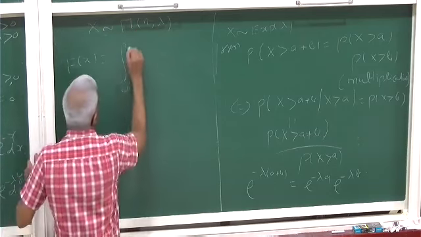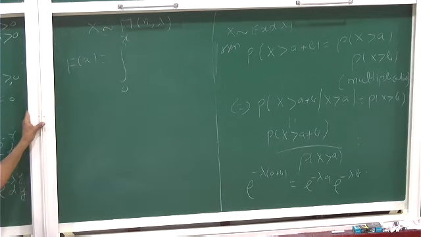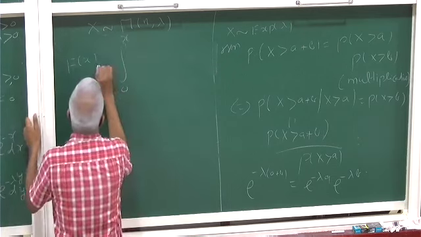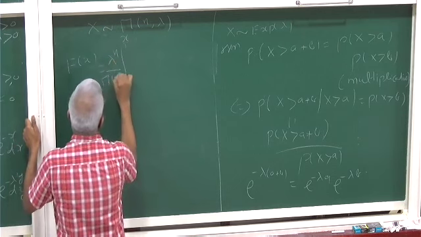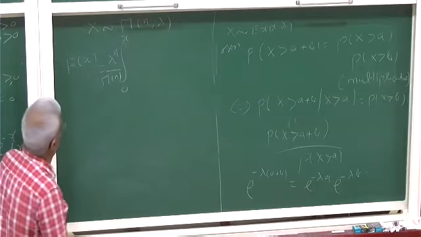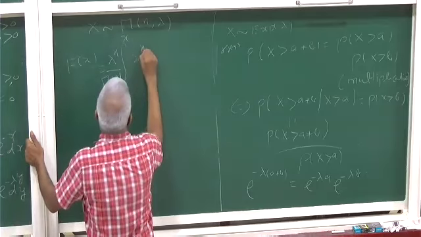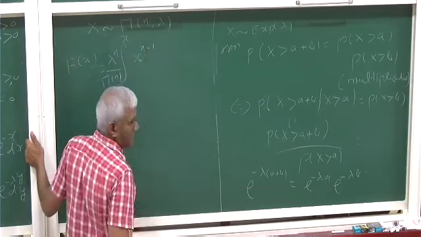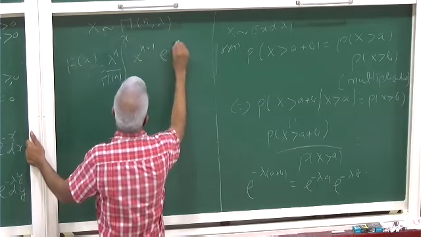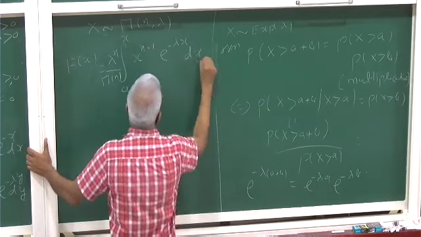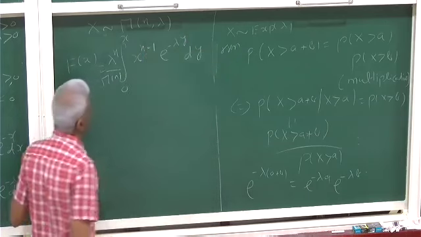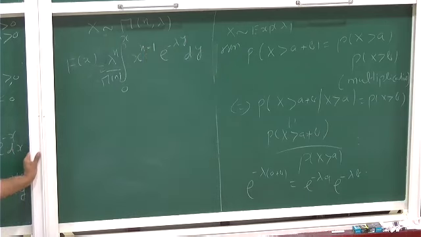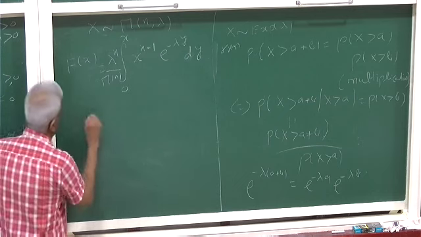Then f of x, the distribution function, is the integral from 0 to x. We have lambda power n divided by gamma of n, which is the constant, and y power n minus 1, e power minus lambda y, dy. You partially integrate it.